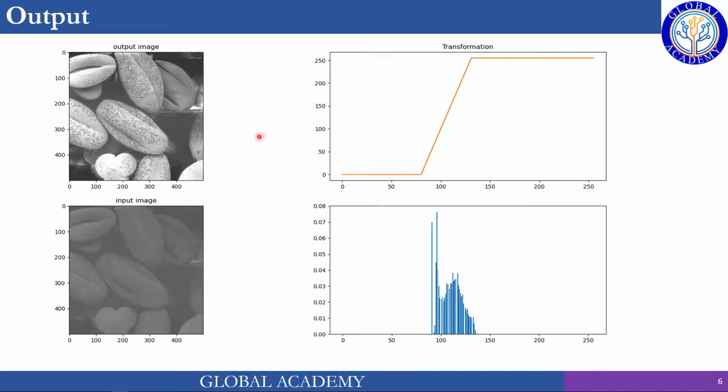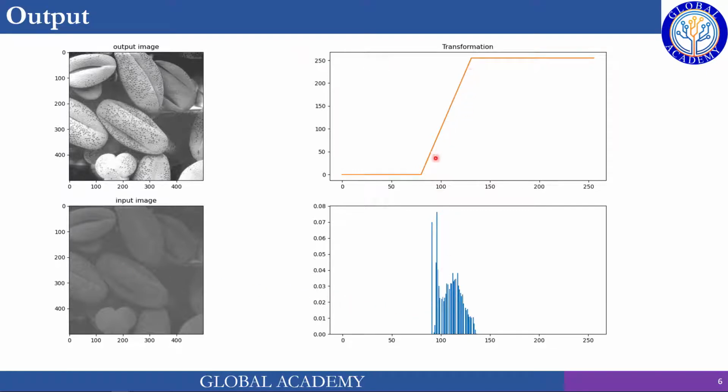So I have skipped the Python code to plot and show these graphs and images, but you can consult the last lecture where we discussed the code with plotting functionality. The image on the bottom left is the input image. This is the histogram.